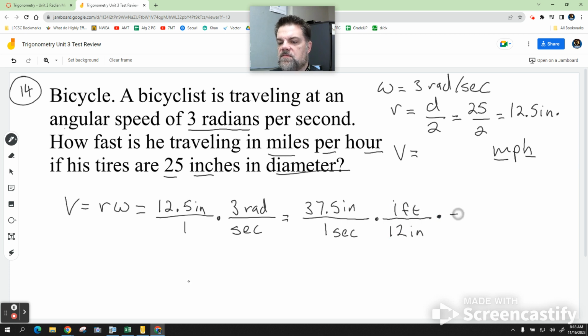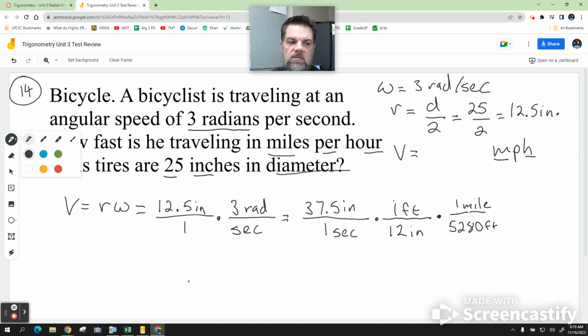And then I need to convert to miles, so I know that there are 5,280 feet in 1 mile. You can look this up if you didn't know. Inches cancel out inches, feet cancels out feet, and my answer will be left in miles.